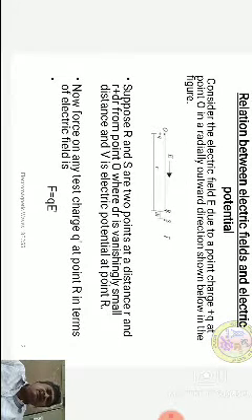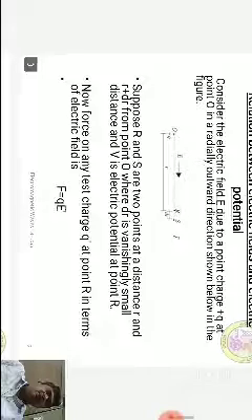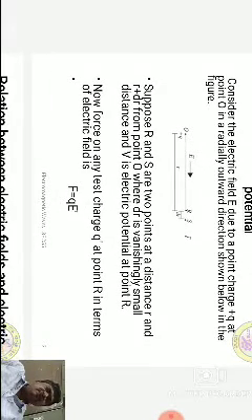Consider the electric field E. The electric field E exists because of the point charge plus Q at point O, in the radially outward direction as shown below. In the diagram you can see the electric field is outwards from the point charge Q at point O, and we are considering two different points R and S. The point R is at a distance of small r from the origin O, and S is at a small distance dl or dr further.